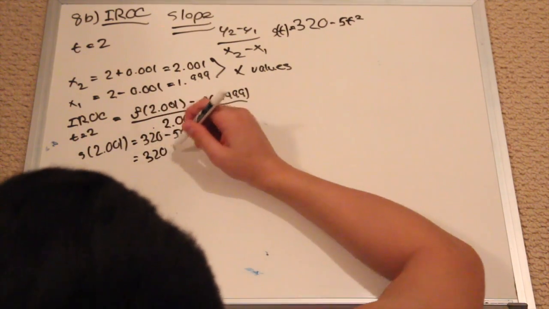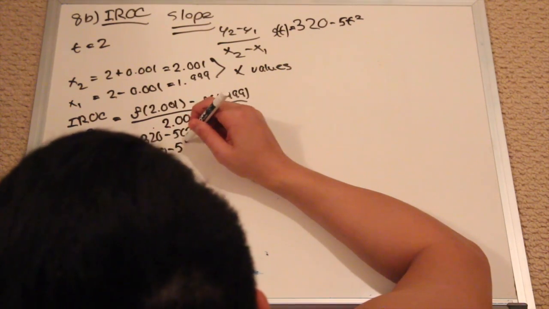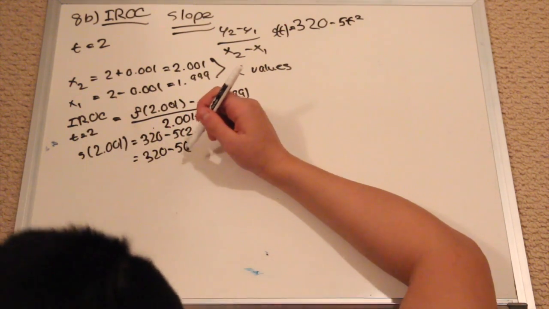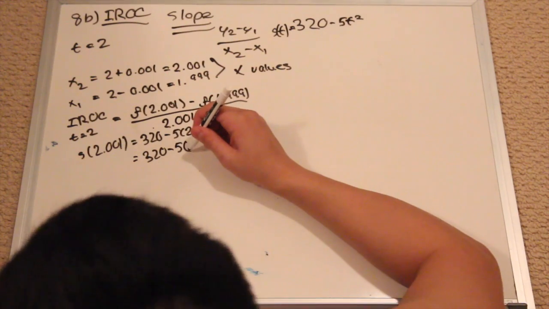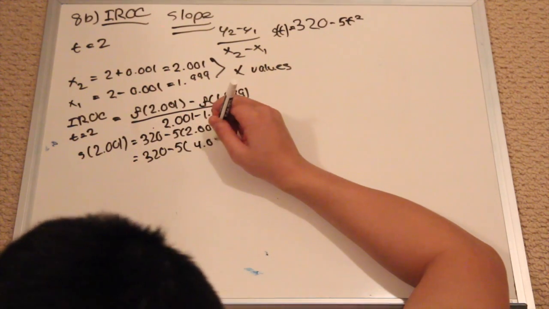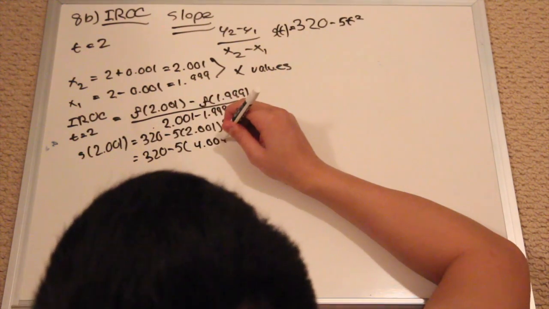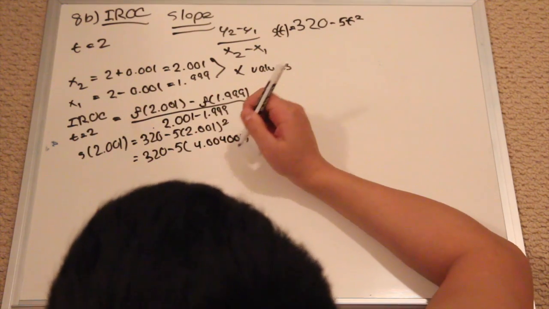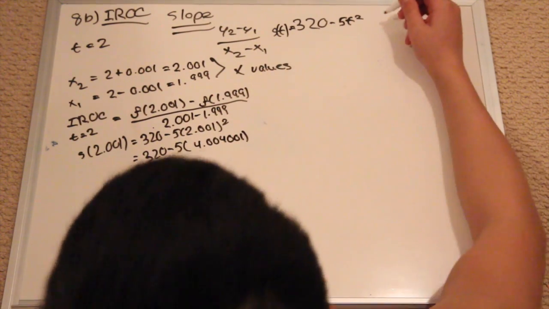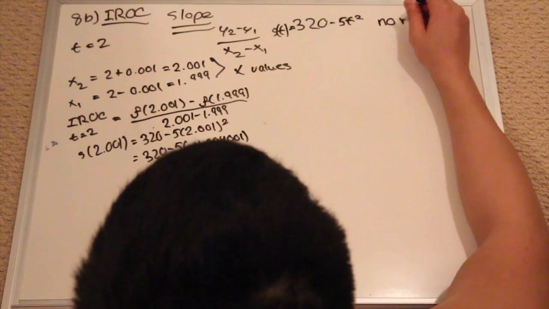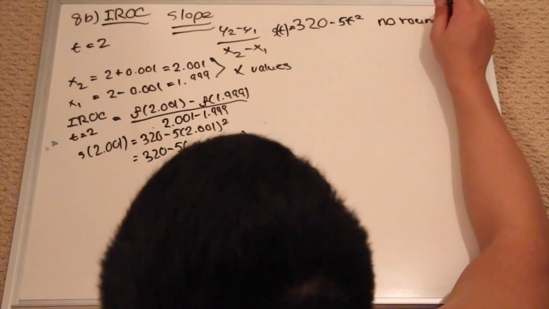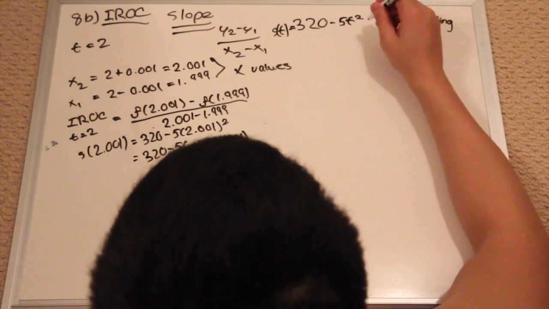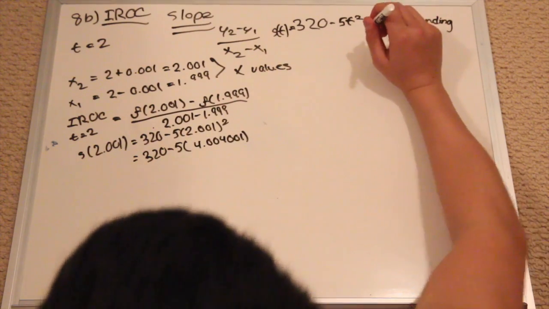Remember, it's all BEDMAS here, so the exponents are first. So it's going to equate to 4.004001. Oh yeah, there is absolutely no rounding here. So you try and keep all the decimal places possible.